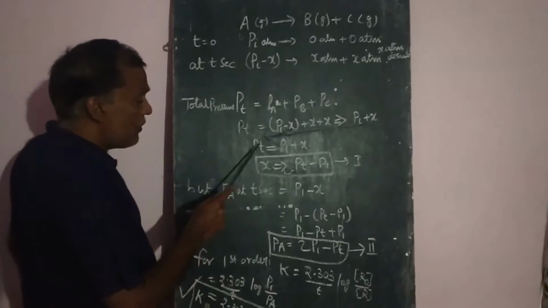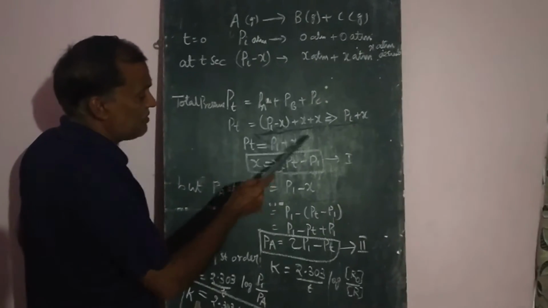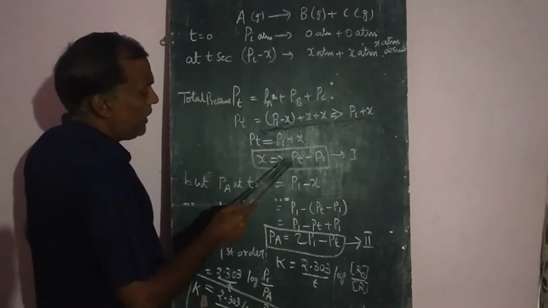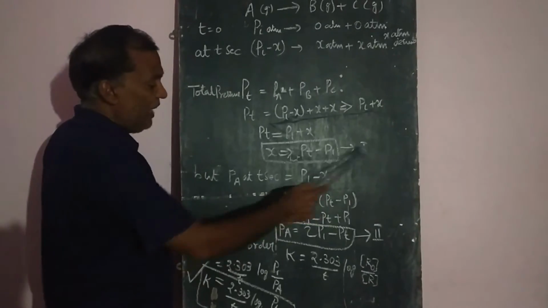Then from this you have to calculate the X value. X is equal to PT minus P1. This is the value of X.